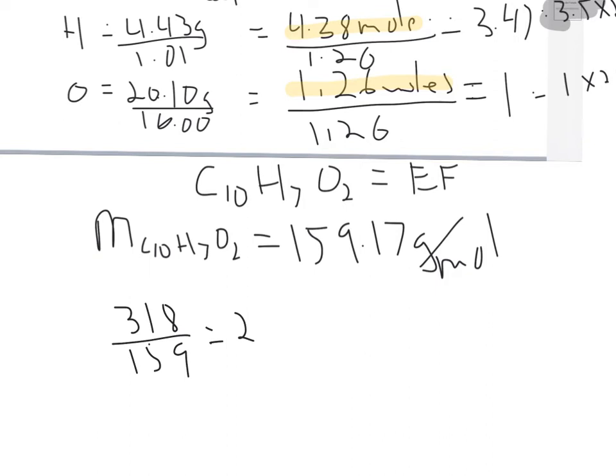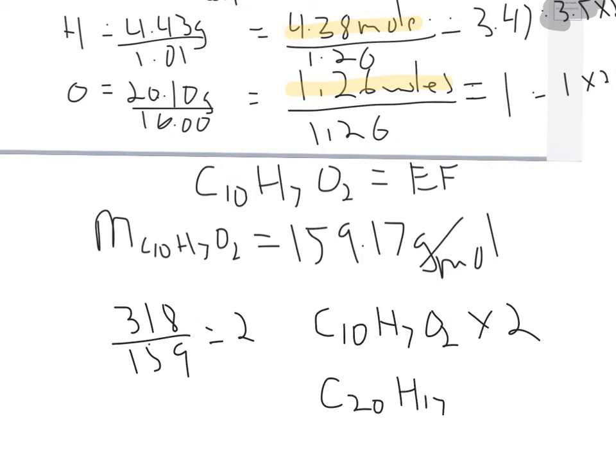So we're going to take the empirical formula, which is C10H7O2, and we're going to multiply all of that by 2. So now we're going to end up with C20H14, that should be a 14, and O4. And that is our molecular formula.